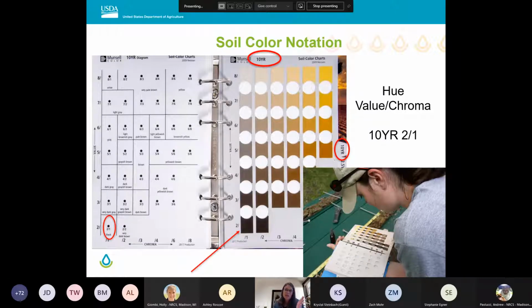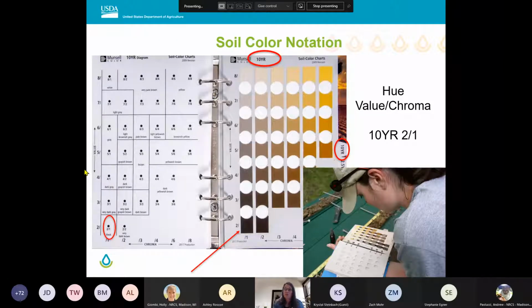Then on the left-hand side of the book, sorry guys, I don't have a mouse, that's the value, and that is the lightness or darkness of the spectral color. On the bottom, on the horizontal portion, is the chroma, and that's the purity of the spectral color. So we have to give three components when we describe the soil: the hue, the value, and the chroma.